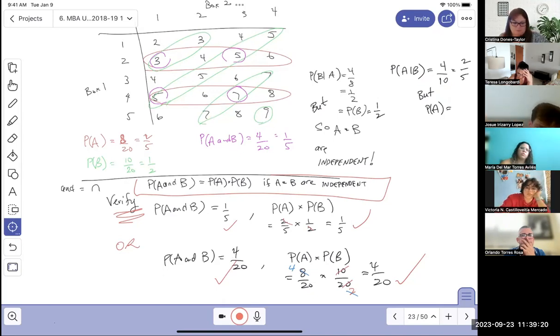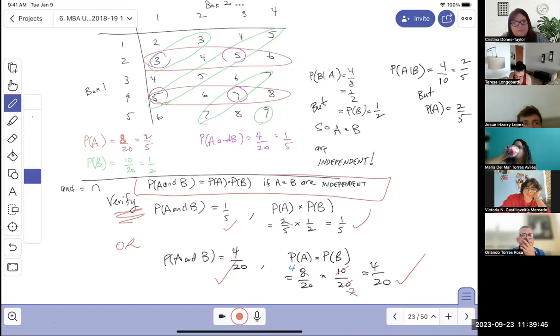That's the subset B. And inside of B, 4 of them are A. So 4 out of 10 inside of B, this is the conditional, being inside of the subset B. And that's 2/5. But the chance of A is 2/5. So the chance of A didn't change whether I'm in B or in general. So that's why A and B are independent. So I could do it either way.